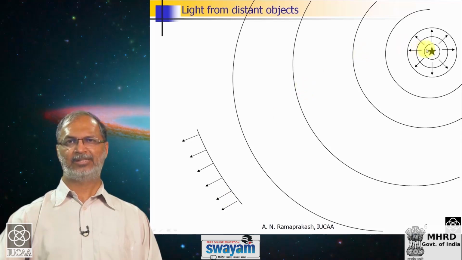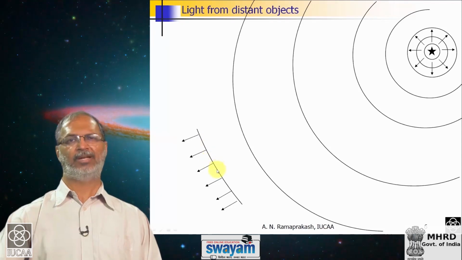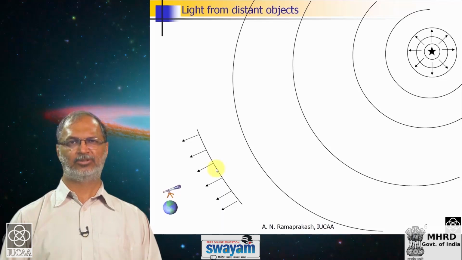While the rays start out from the star in radial directions, diverging, after they travel these enormous distances across the skies, by the time they arrive at earth, they are almost parallel to each other, because this surface is now a sphere of almost infinite radius. So, now I put a telescope here and look at that star.